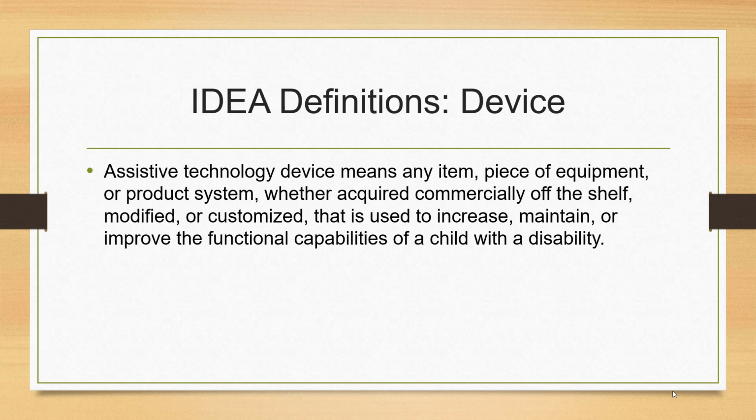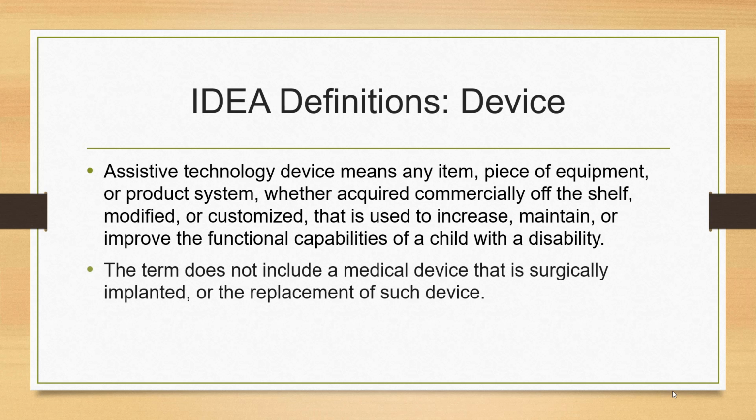The Individuals with Disabilities Education Act defines assistive technology devices and services and requires that schools ensure the needed AT is provided at no cost to the student who needs it. An AT device is defined as any item, piece of equipment, or product system, whether acquired commercially off the shelf, modified, or customized, that is used to increase, maintain, or improve the functional capabilities of a child with a disability.